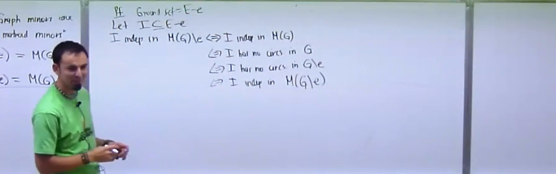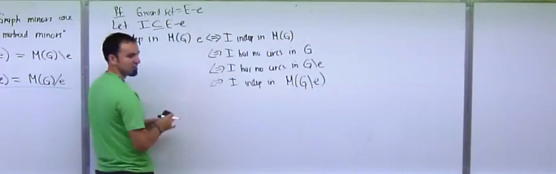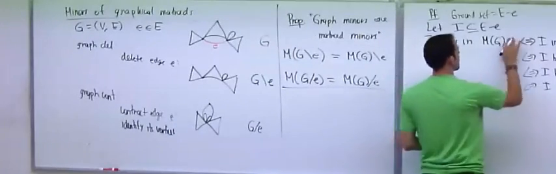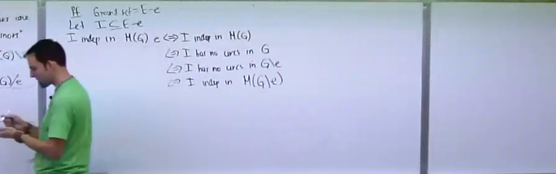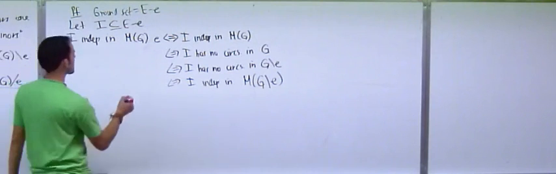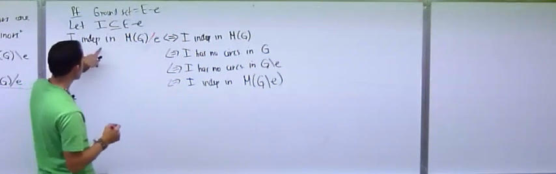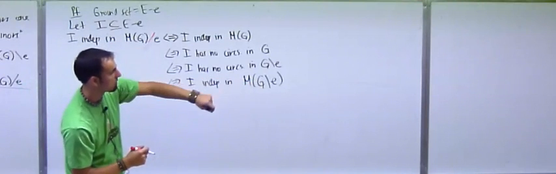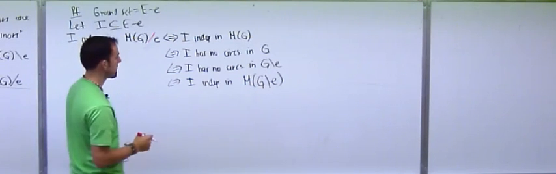Okay. Are you guys done copying this down? I'm just going to change the signs and the proof is going to be exactly the same. So maybe I'll make it in a different color so that you can see what I changed, in case you stop paying attention. Whatever is red is what I just put in. Okay? When is I independent in the contraction? Well, I is independent in the contraction if, when you add E to it, it's independent.